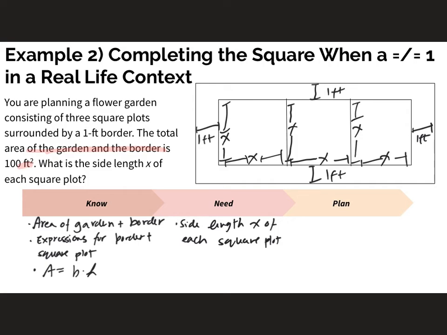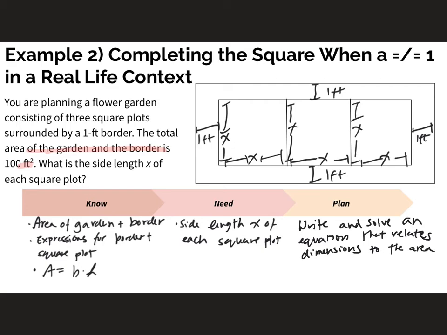So I'm going to need to write and solve an equation that relates what I don't know, which is the dimensions, to what I actually do know, which is the total area. Why don't we go ahead and try to write and solve that equation so that we can maybe use our complete the square technique.